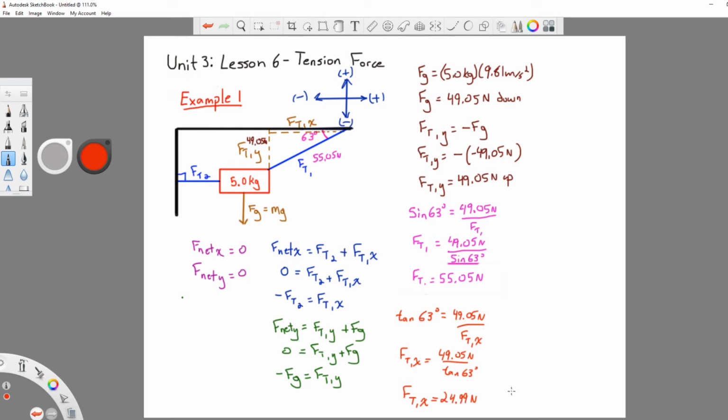Ft1x was equal to 24.99 newtons, which also means that Ft2 here is equal to Ft1x. So Ft2 is equal to 25. There's only two sigdigs in this question. So it's equal to 25 newtons. That one, box it.